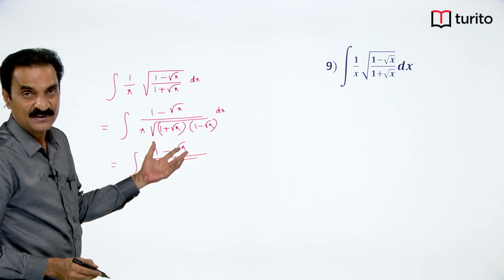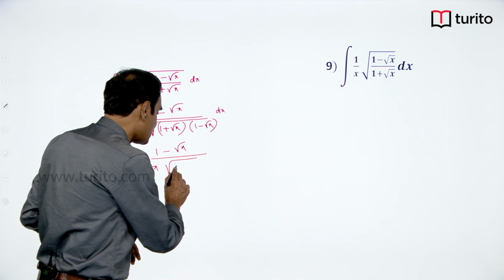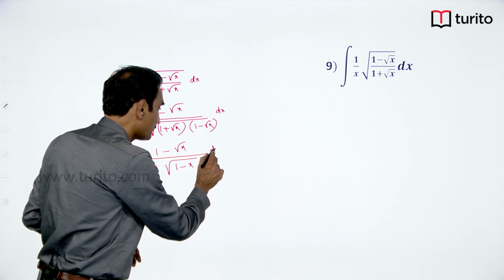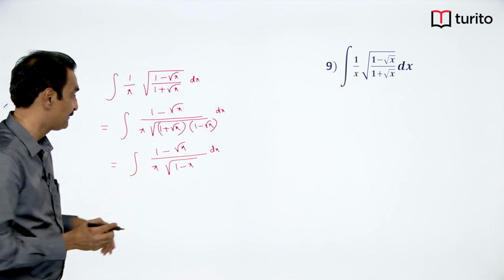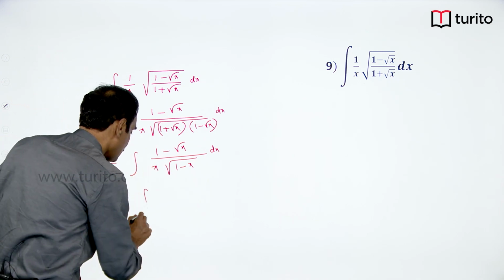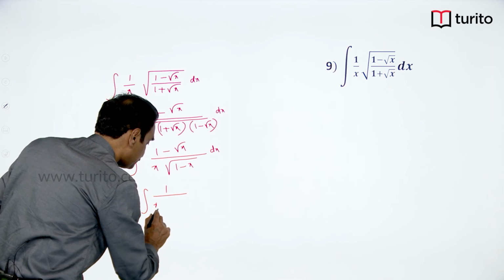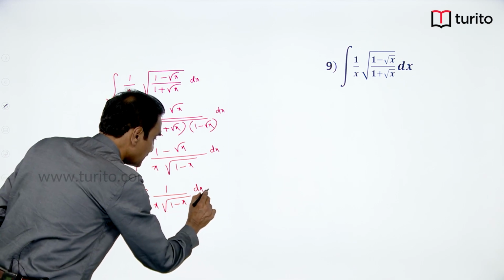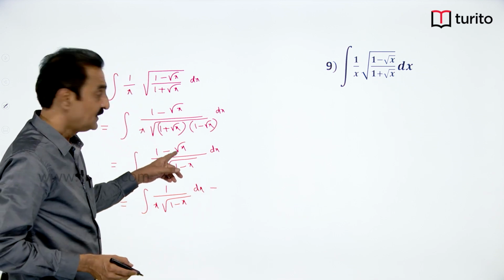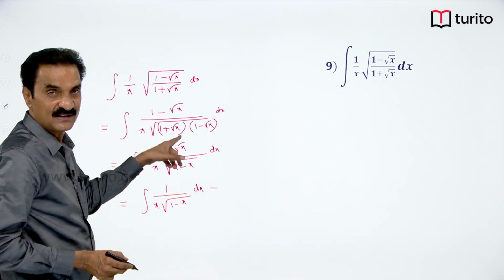A plus b into a minus b is a square minus b square. You will get 1 minus x. Now separate into two integrals. 1 by x root 1 minus x dx minus this, in the second one root x cancels.